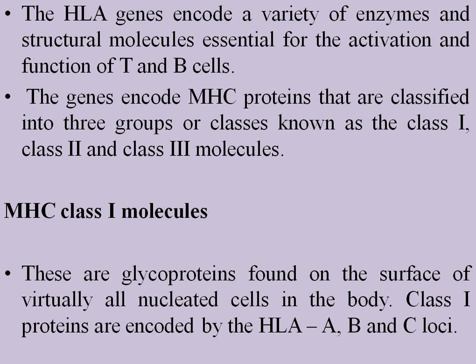The genes encode MHC proteins that are classified into three groups known as class 1, class 2, and class 3 molecules. The first one, class 1 molecules, are glycoproteins found on the surface of virtually all nucleated cells in the body. Class 1 proteins are encoded by the HLA-A, HLA-B, and HLA-C loci.